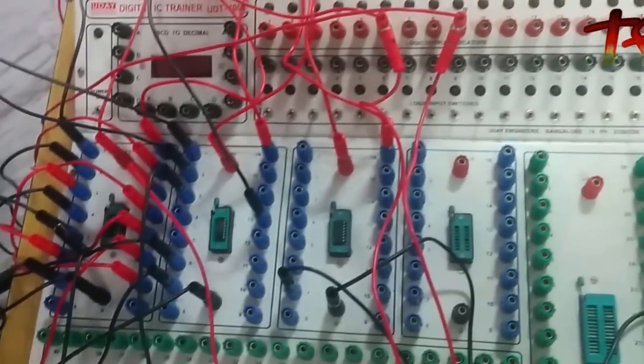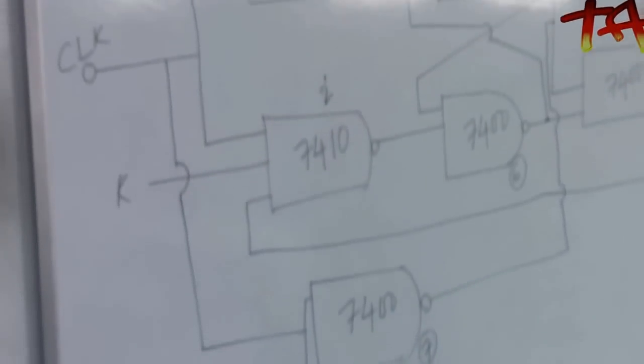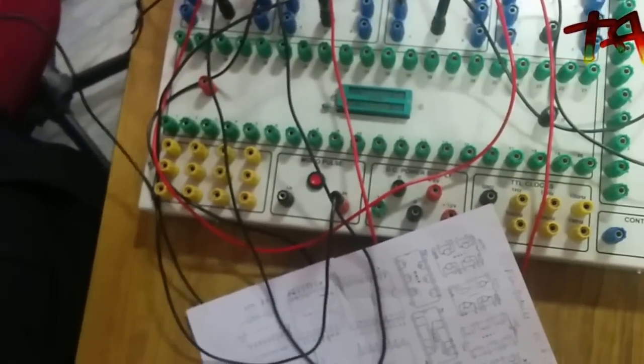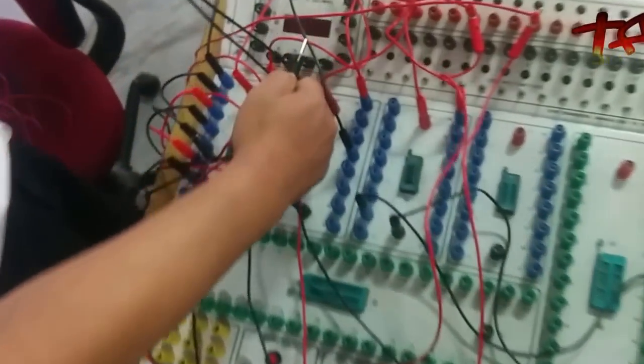1 and 2 will be shorted, and this will come from the clock. Both the inputs are shorted here, and then it will be coming from the clock.